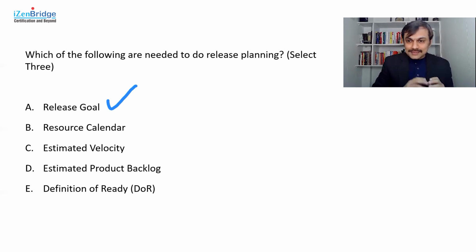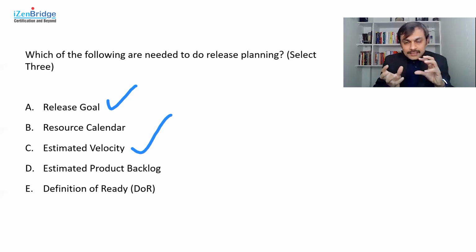Now, in general, the agile way of planning is not individual level planning. It is not about who is taking leave when, what is their loading for this whole duration, or which people are allocated for this much time. That is not needed. So what is needed instead is estimated velocity.